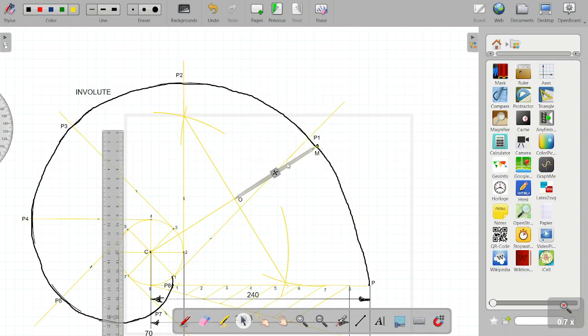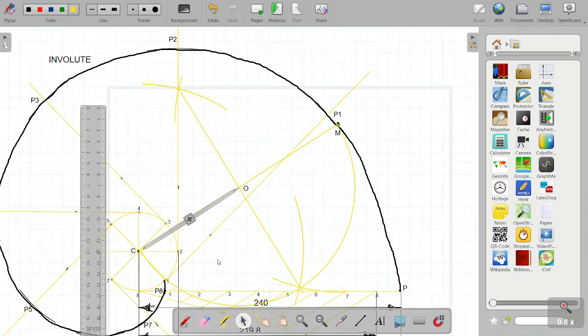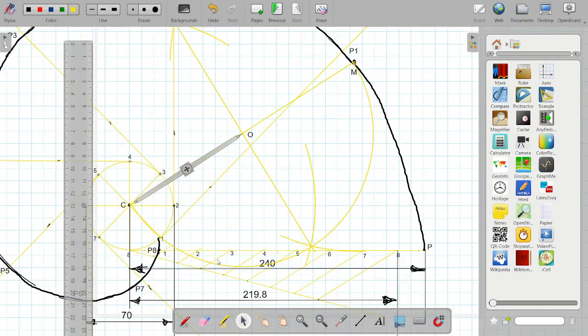You have to draw a semicircle. So I'm drawing a semicircle here. Now, wherever this semicircle cuts the circle, that is this point, I will mark that point.